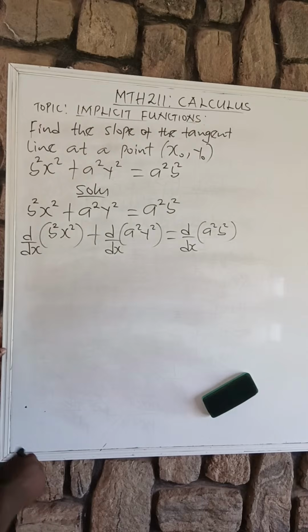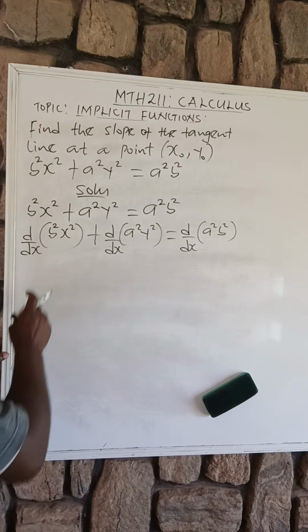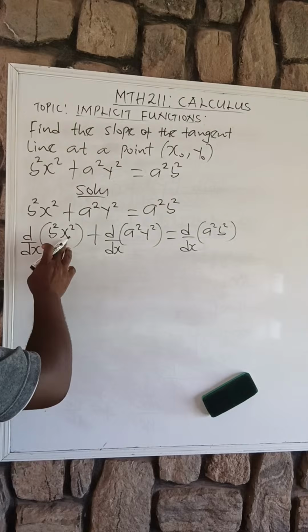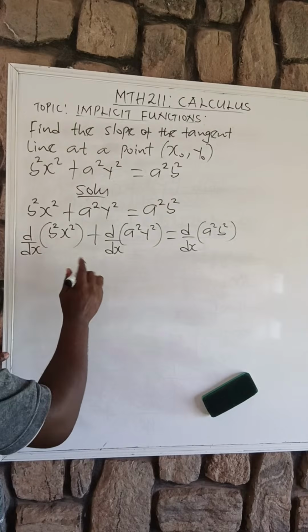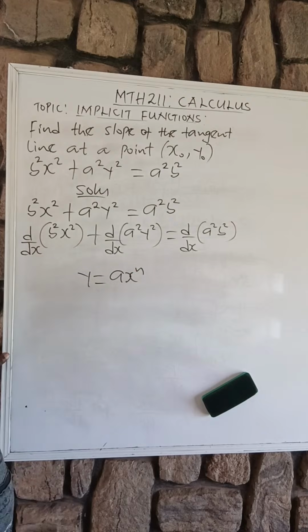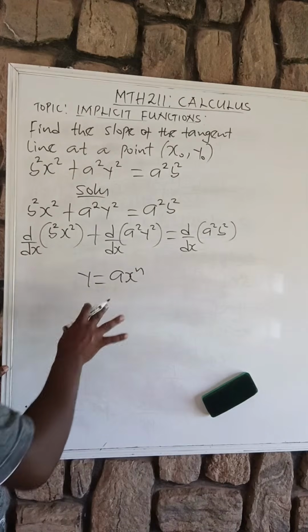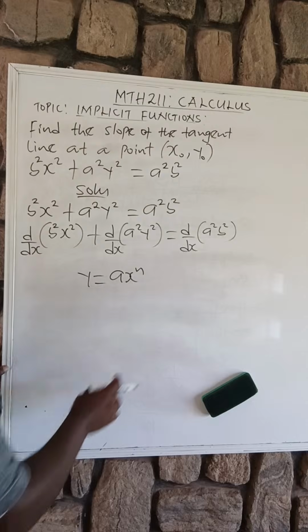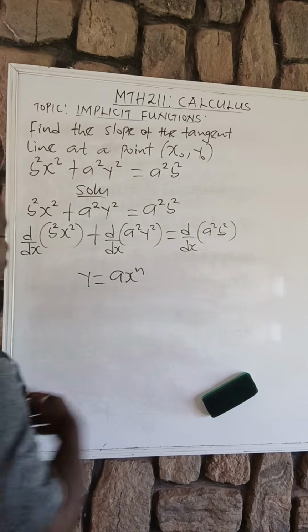Let's do it together. So it means b square is a constant. Remember this, please. Don't get confused. Is that clear? So b square is a constant.